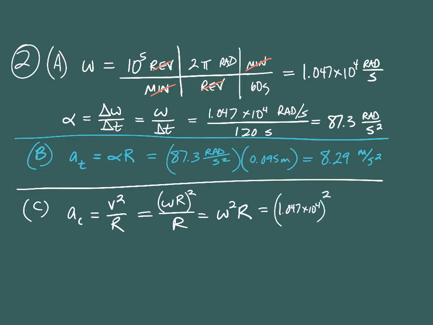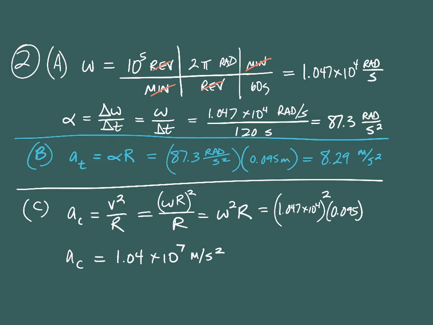I'll just leave the units off. That's getting squared. The radius is still at that 0.095 meters. And so my centripetal acceleration ends up being 1.04 times 10 to the seventh meters per second squared.